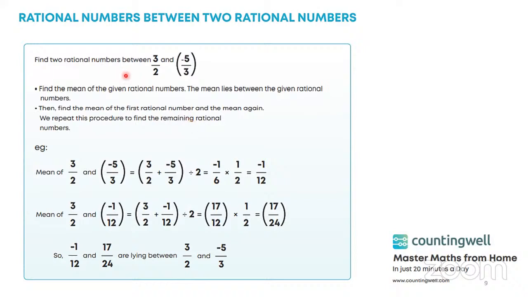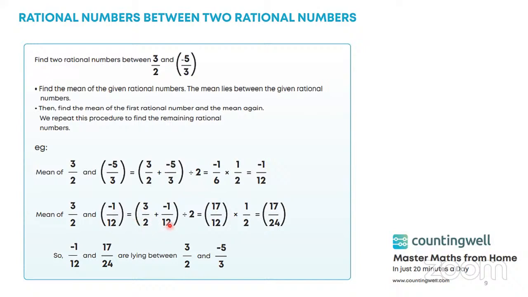For example, here we have two rational numbers 3 by 2 and minus 5 by 3. First, we will find the mean of these two rational numbers. Here in this case, the mean is minus 1 by 12. Again, we will take the first given rational number, which is 3 by 2, and the mean obtained of the given rational numbers, which is minus 1 by 12.